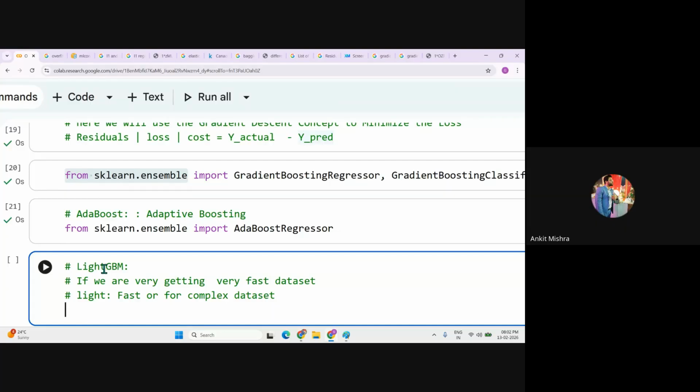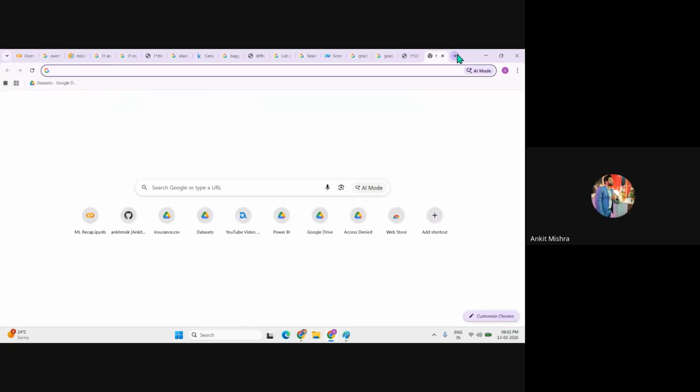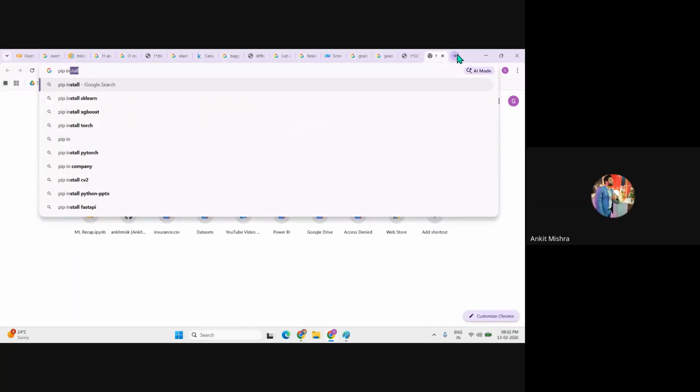The light in LightGBM refers to fast. You can simply import this, but you have to install LightGBM first. So you can refer to this and install LightGBM.